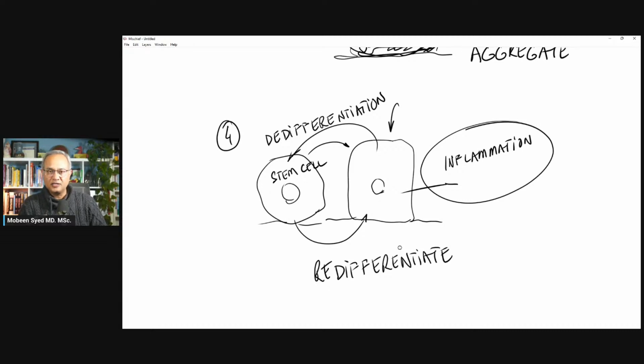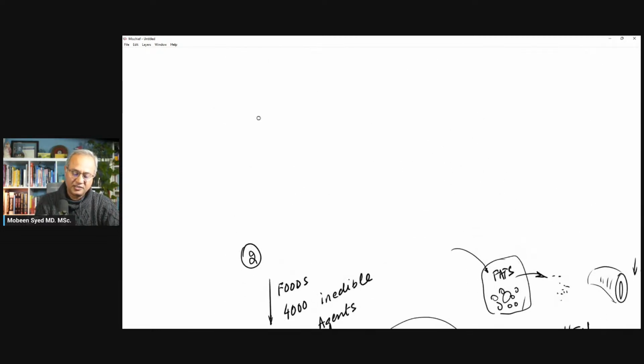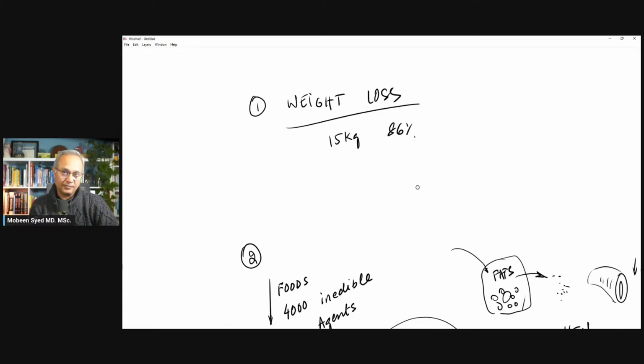And how do you break this cycle? Reduce inflammation. Do autophagy. So now we have 4 methods in front of us. I'm going to very quickly go through them, whichever method works. The first method was weight loss, right? 15 kilogram weight loss, 86% type 2 diabetics, non-insulin users, diagnosed within the last 6 years, I think they were 40 to 65.